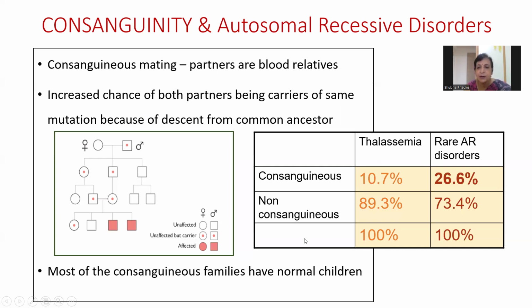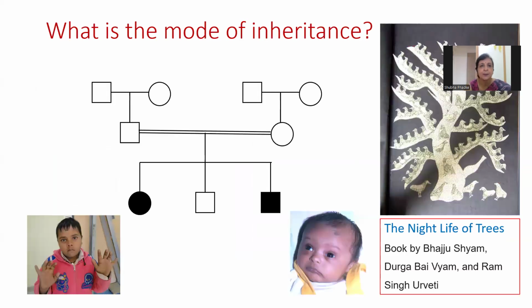But what we have observed is that if there is a rare genetic disorder, the possibility that the parents are consanguineous increases as compared to more common autosomal recessive disorders like thalassemia. Again, many non-consanguineous families can also have rare, serious autosomal recessive disorders, and avoiding consanguinity is not the only option, and it will not prevent serious autosomal recessive disorders. They will continue to happen.